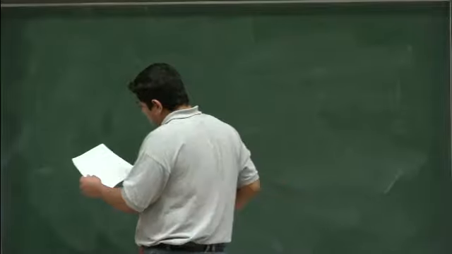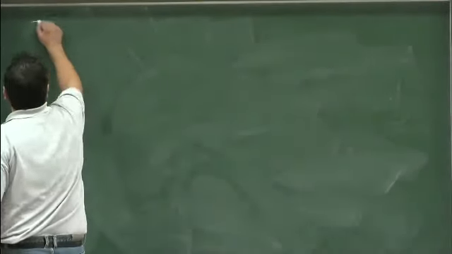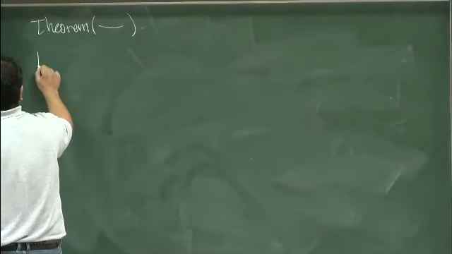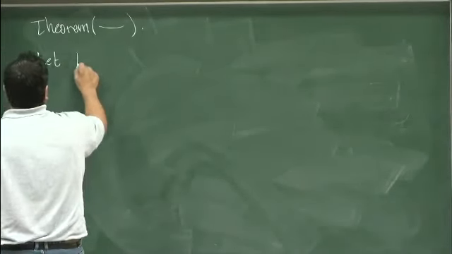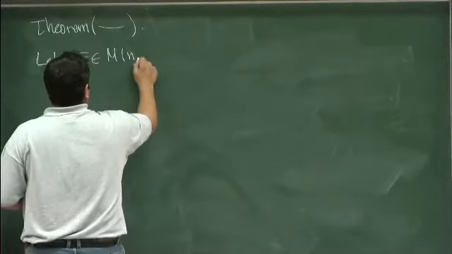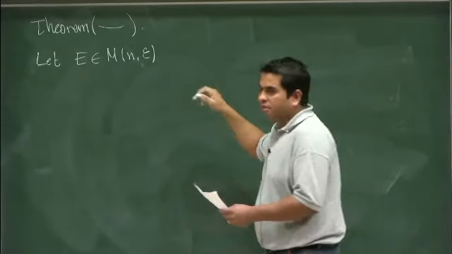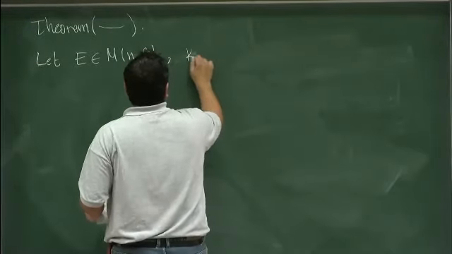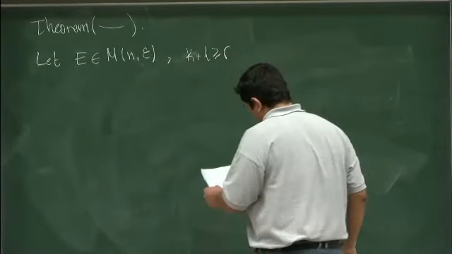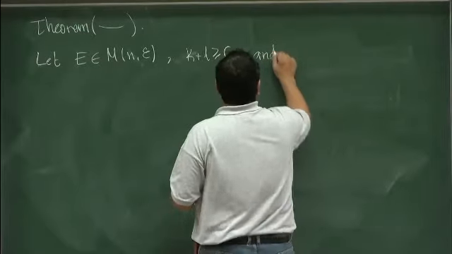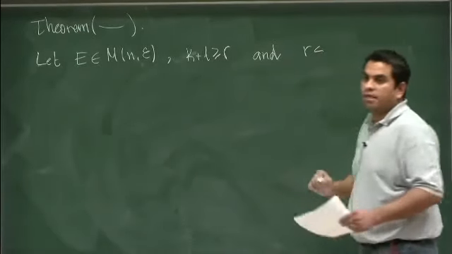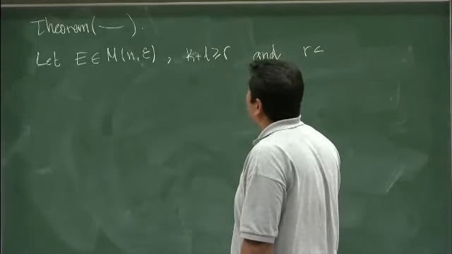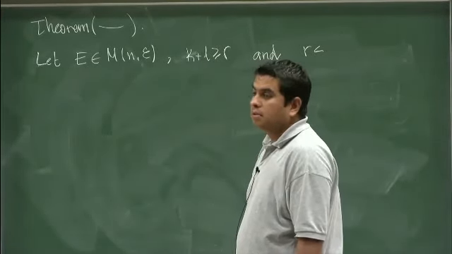Now we have the following theorem. It says: let E be a stable vector bundle here with the determinant fixed and K plus L bigger than or equal to R. Sorry, you mean, yes, E_V is not stable, right? E_V is R0 stable, right?